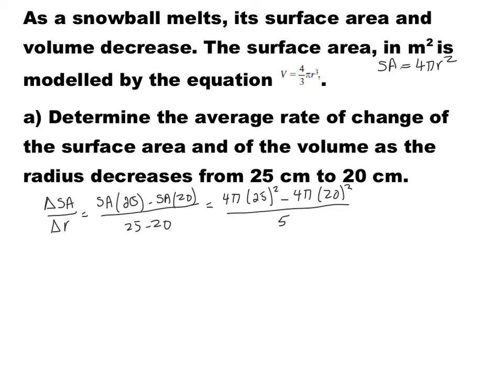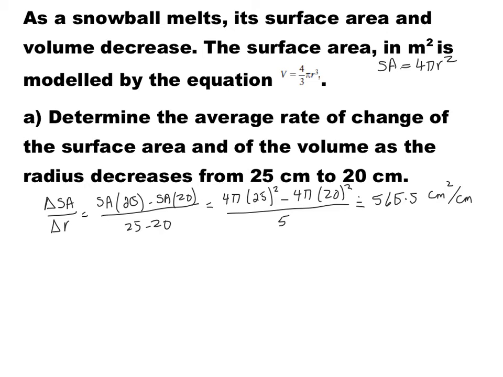If we evaluate this one, we get approximately 565.5 square centimeter per centimeter. So that's the rate of change of surface area.